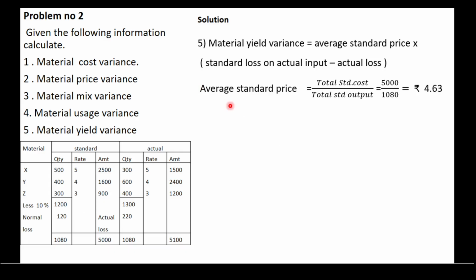That's why we calculate it here by using the formula: total standard cost divided by total standard output. So here the total standard cost is 5000 divided by total standard output, that is 1080.